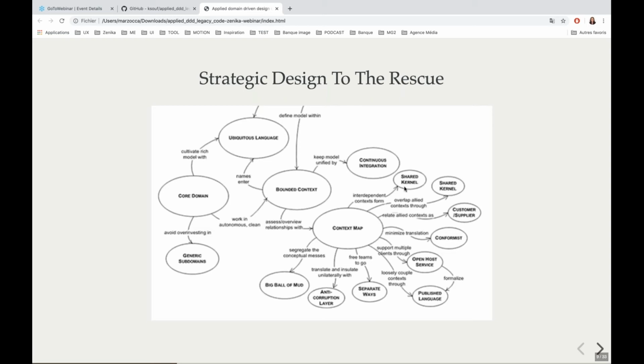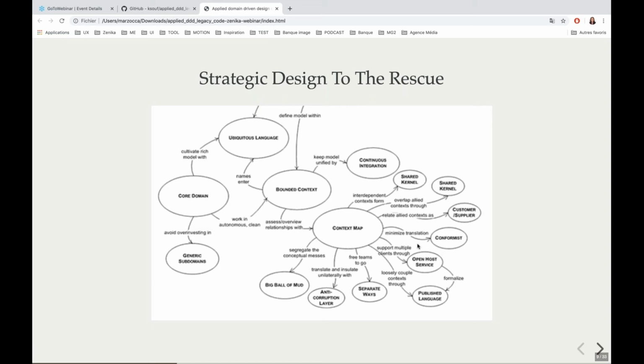You have the shared kernel, where they share some kind of structure. You have the customer-supplier, where one bounded context can be a supplier of information and another is a consumer of that. You have the conformist: one bounded context has a model, and another is going to use it as it is.